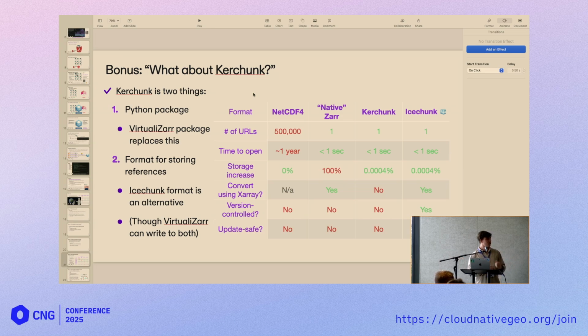VirtualiZarr was actually conceived before IceChunk was released, and so VirtualiZarr can write to the Kerchunk format, but if I were you, I would write to the IceChunk format, because then you get all the other benefits of the transactionalness and the update safety and so on. And I don't really see a reason to continue using the Kerchunk Python package, because I think VirtualiZarr does basically all the same things, but is easier to use. All right, thanks.